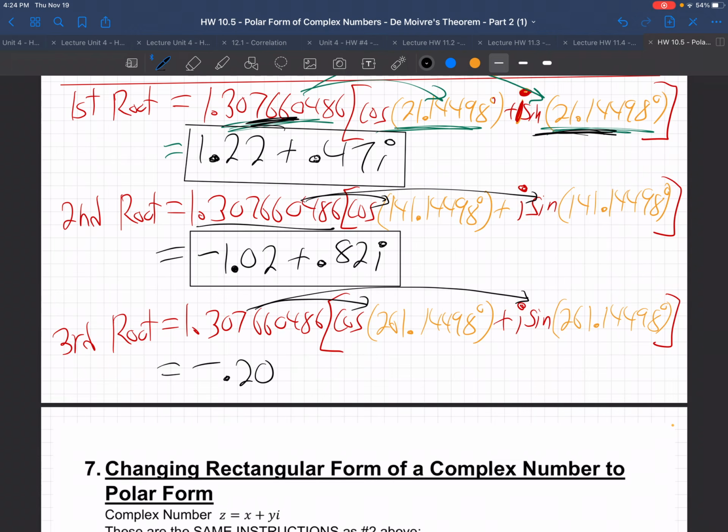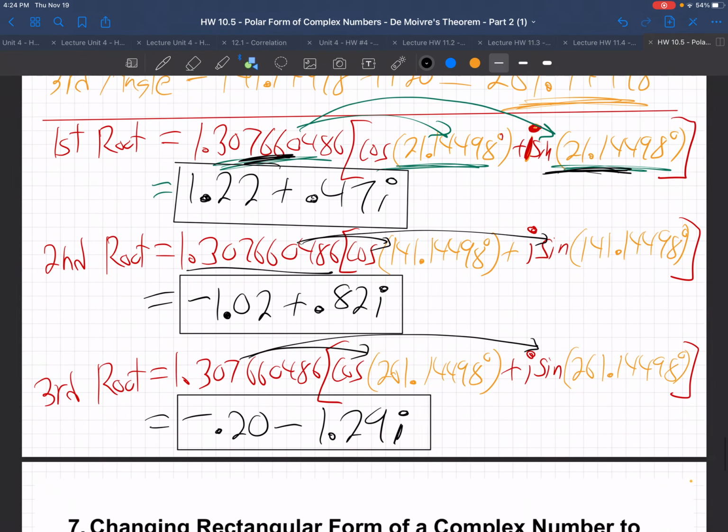I'm getting minus 1.29I. So there are my three final roots. They want you to put all three separated by commas, each rounded to two places.